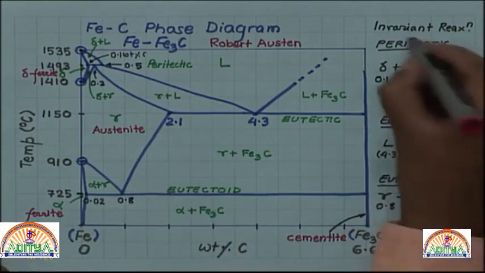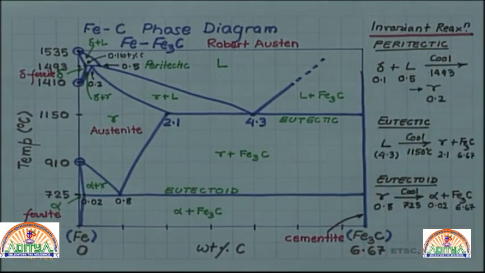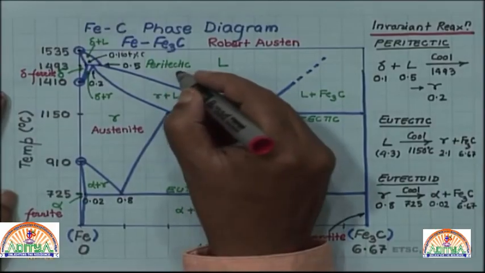One more thing: in this diagram there are two kinds of alloys. What are those alloys? Steels and cast irons.